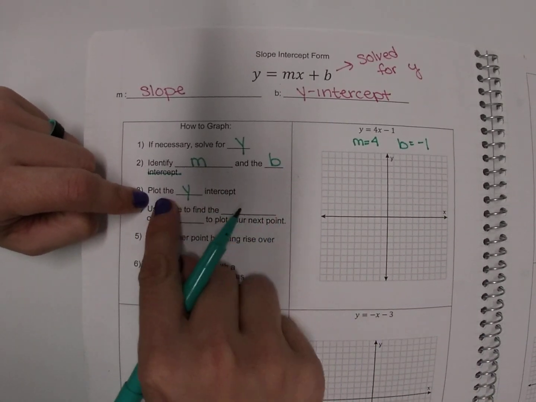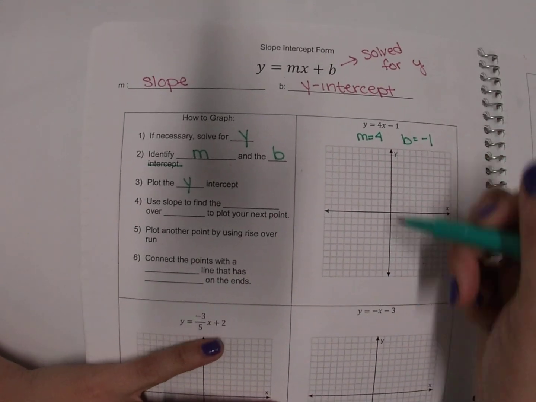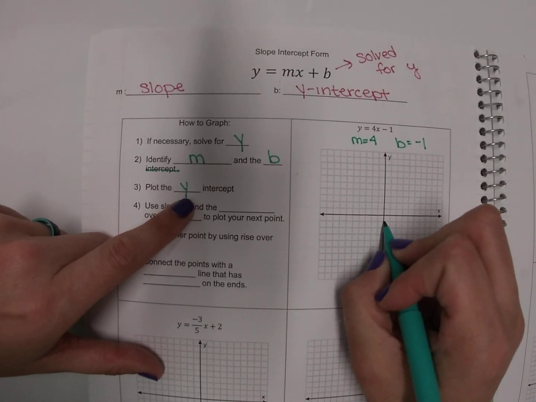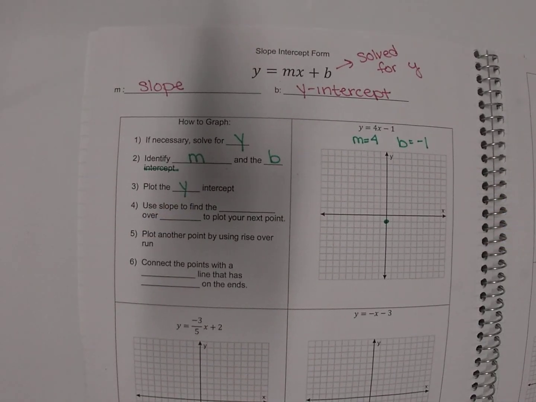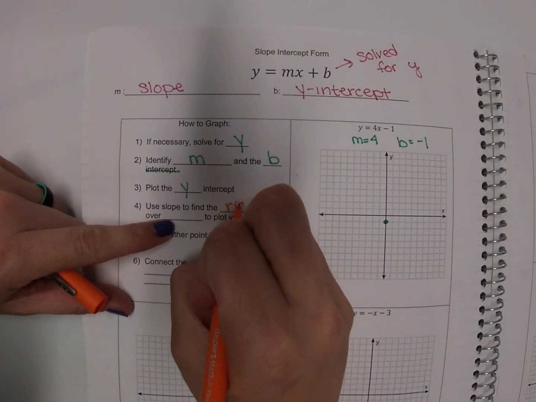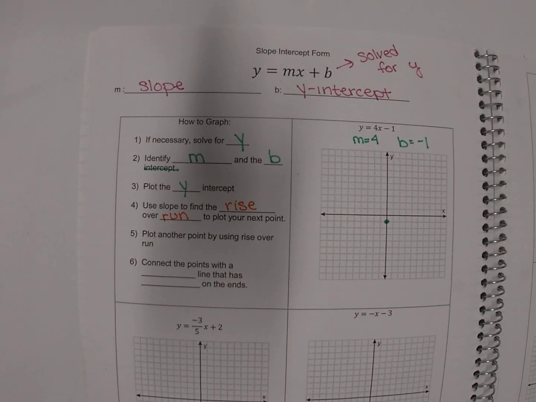The next thing that we are going to do is plot our y-intercept. Our y-intercept, remember, is always on the y-axis. So I'm going to go on my y-axis to -1, and I'm going to make a point. Okay, the next thing that we are going to do is use the slope to find our rise over our run, which means we need our slope to be in fraction format.